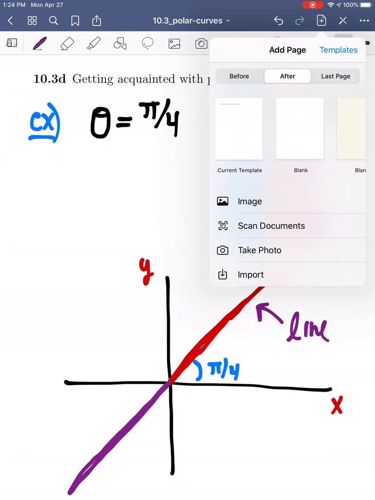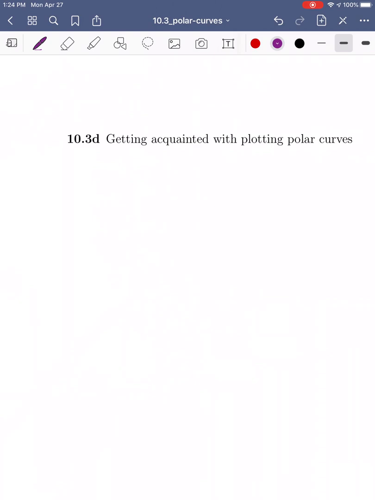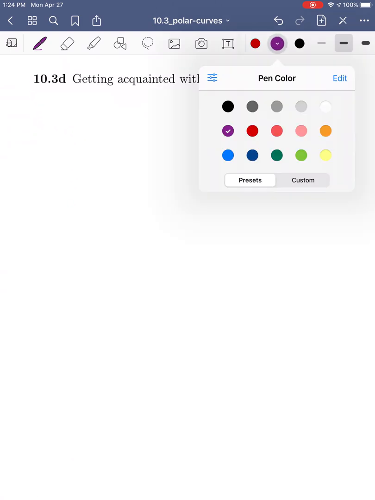All right, let's do another example. And this example is going to be more of the standard kind of polar curve examples you'll see, not just where r is a specific number or where theta is a specific number, but this is going to be the curve where r of theta is equal to an actual function of theta, say 2 cosine of theta.